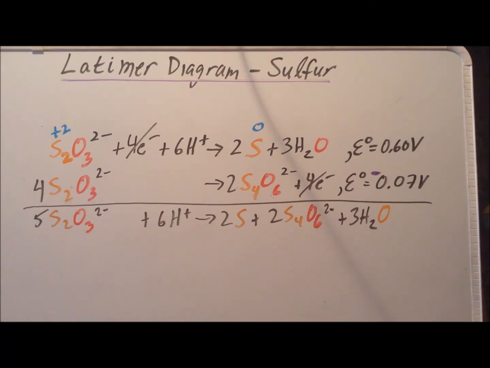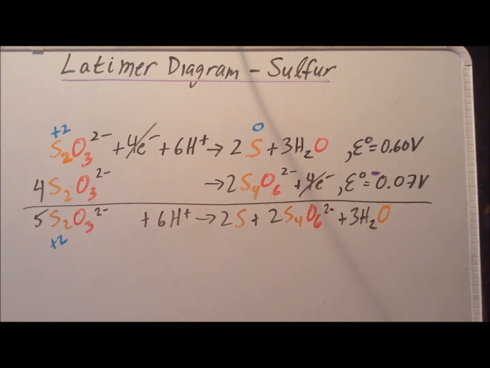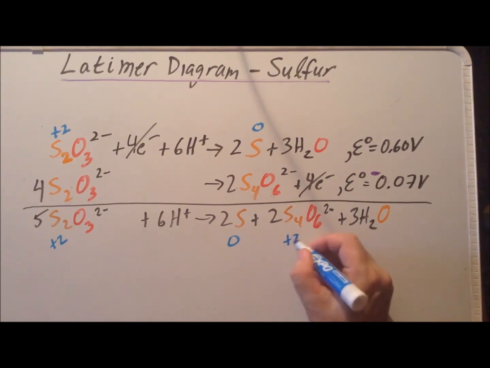So we see that on the left-hand side, just to confirm this, recall that the oxidation number of sulfur in thiosulfate is +2. The oxidation number of sulfur in elemental sulfur is 0. And that the oxidation number of sulfur in tetrathionate ion is going to be 2.5.